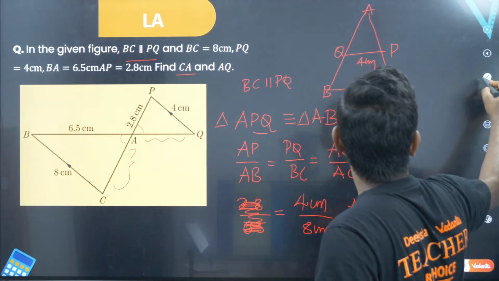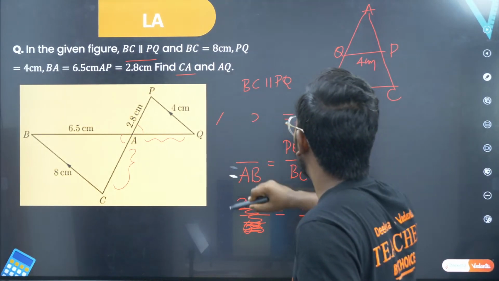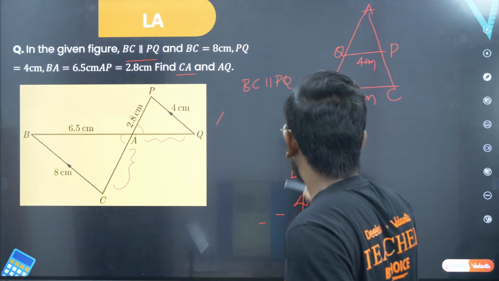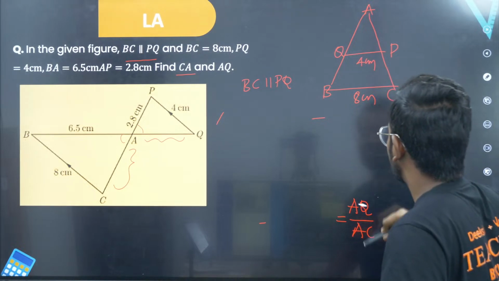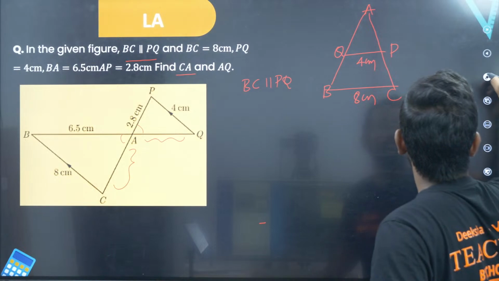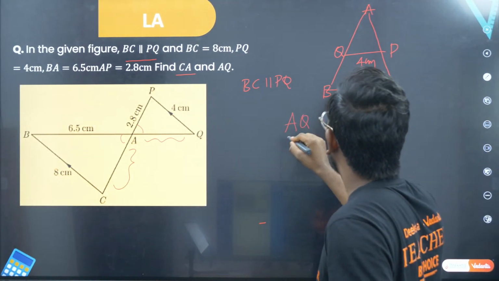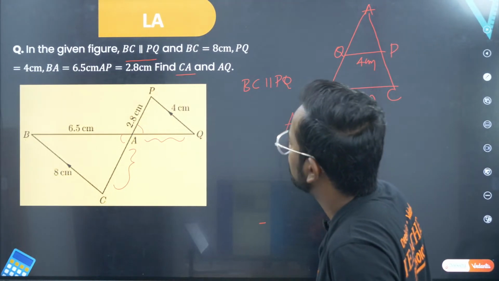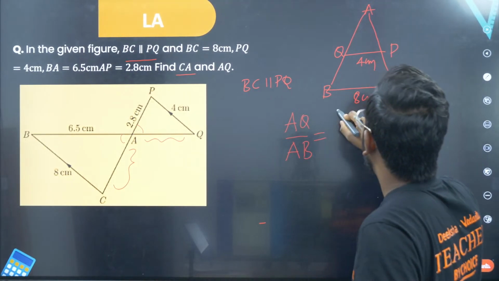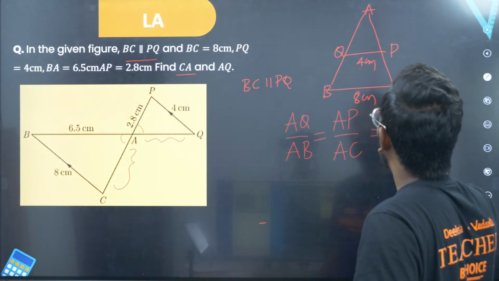In that sense you can get this whole triangle part. Whatever you can see over here, if you want I can write it once more so that you will not get confused. The question says AQ by AB is equal to AP by AC, which is equal to QP by BC.